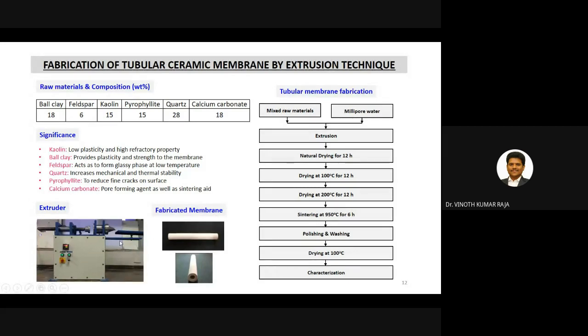The obtained paste was fed into the extrusion cylinder here. Then the evacuation piston pushed the paste through a die in a tabletop extruder to form a tubular-shaped ceramic membrane. It is horizontally extruded, and we maintained a certain velocity in order to avoid cracks while extruding.